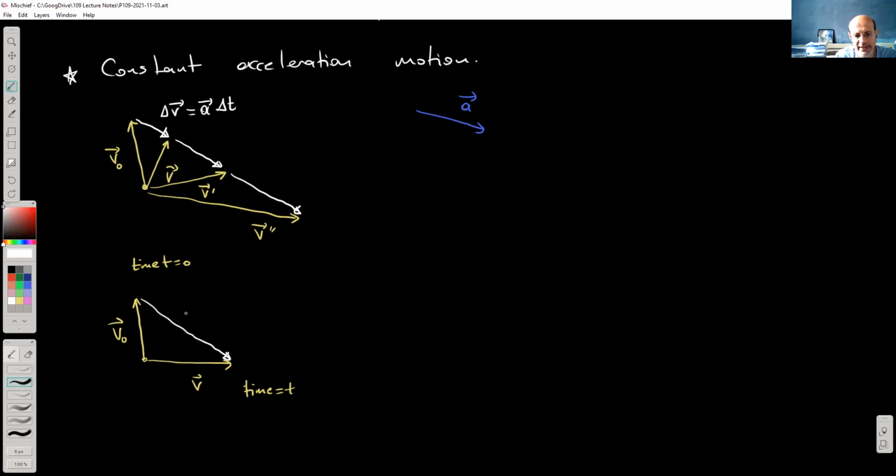All right. So this delta v in here is basically acceleration times t. So that means v minus v0, that's delta v, is equal to acceleration times t. So therefore, the velocity can be expressed as v0 plus a times t.